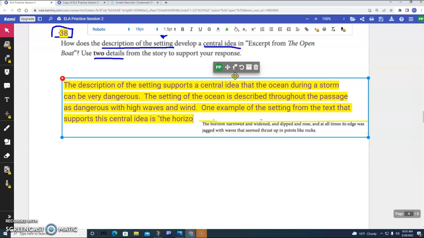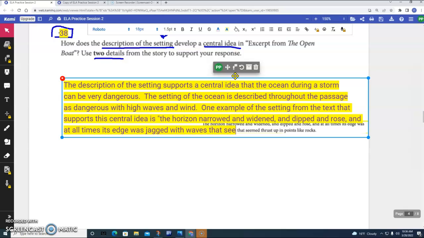The horizon narrowed and widened and dipped and rose, and at all times its edge was jagged with waves that seemed to thrust up in points like rocks. Okay, so I have the introduction to the quote, I have the quote, and now I need to explain the quote.